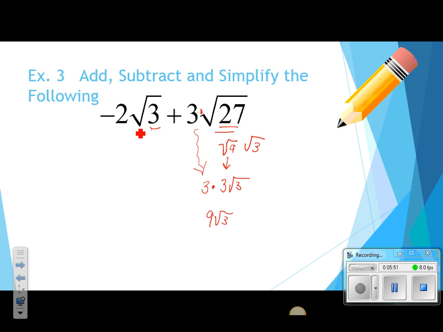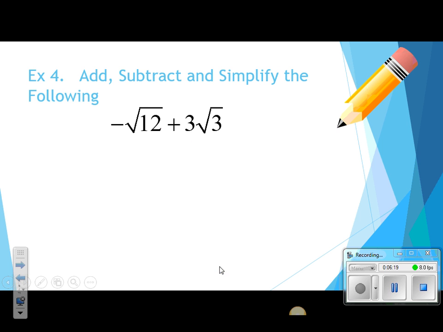Now I can look at this, and remember, we didn't need to simplify this, so we can just keep bringing it down until the end. And when we do that, it says negative 2 square roots of 3 plus 9 square roots of 3. So now that our radicands are the same, we can say negative 2 plus 9 is 7 square roots of 3. And that would be our final answer.